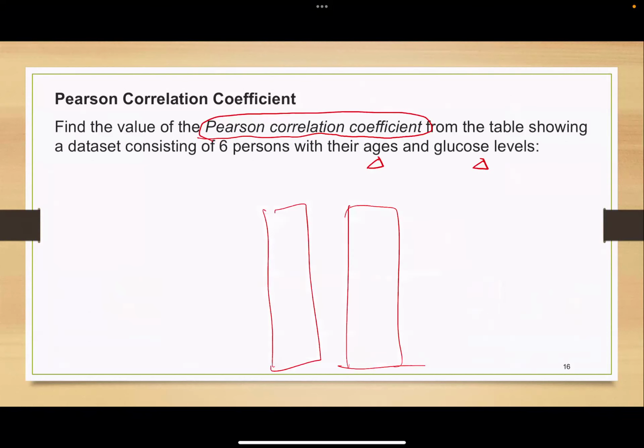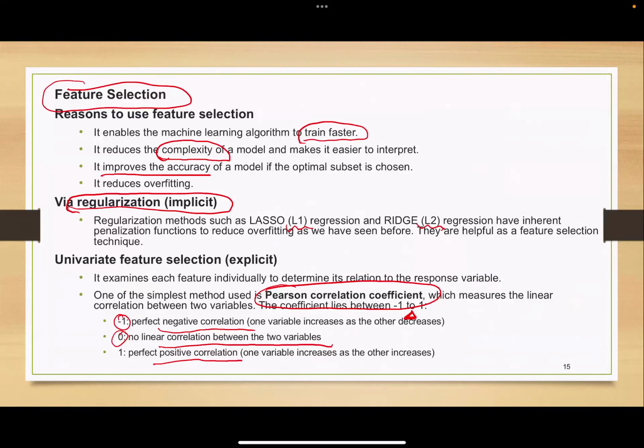You just need to know that the coefficient is usually between -1 and 1, okay? When it is in the middle of these two values, like 0, it means there's no correlation. When it is getting close to -1 or close to 1, it means there's a high correlation, okay?